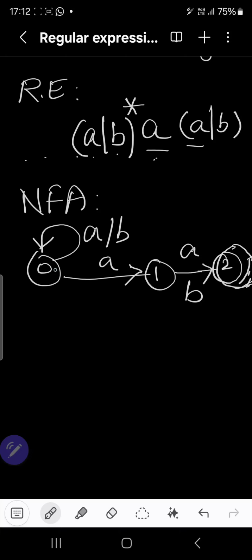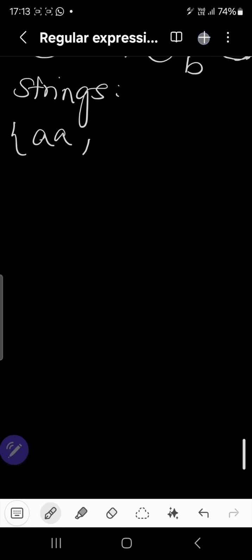Similarly, from 0 on the same input A, it goes to 1 also. So on the same input A, it has two next states. So this is not a DFA. Let's try to draw the DFA.